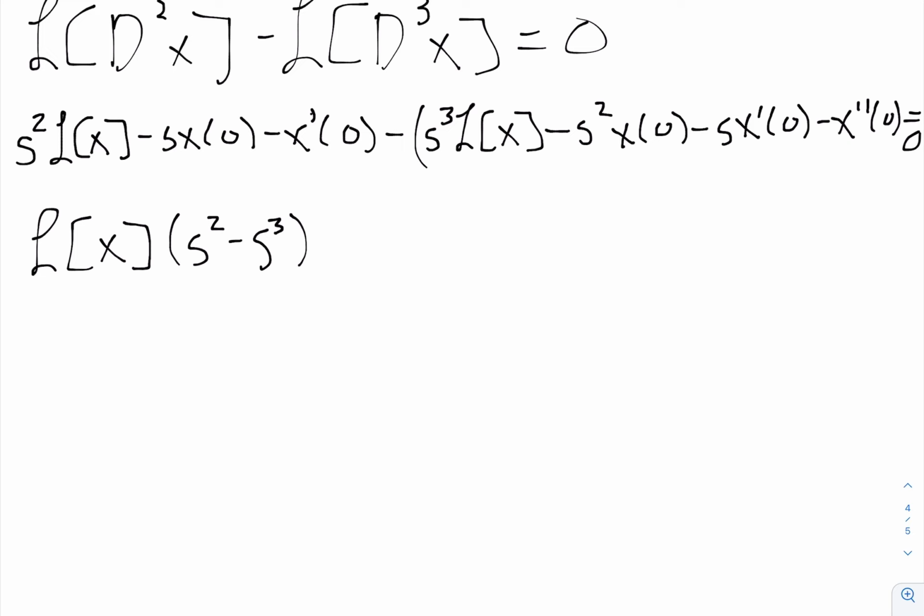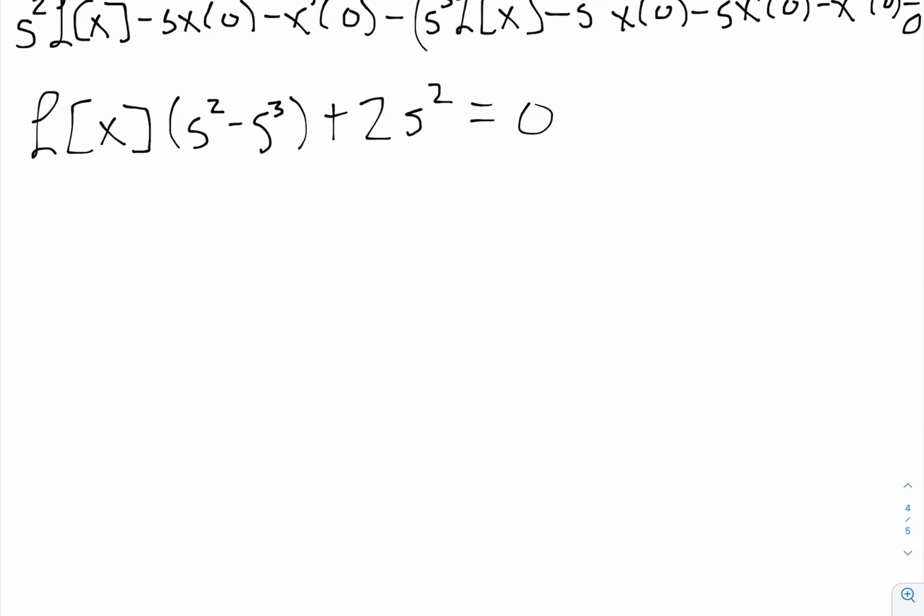After you cross a bunch of stuff out, you're going to get actually plus 2 s squared plus 2 s squared is going to be equal to 0. Move that to the other side. You're going to get L of x. Right, we move this to the other side, and we just divide by this, right? s squared minus s to the 3.